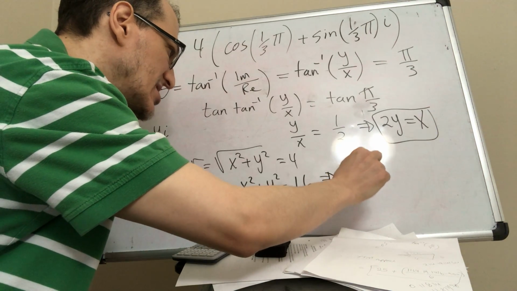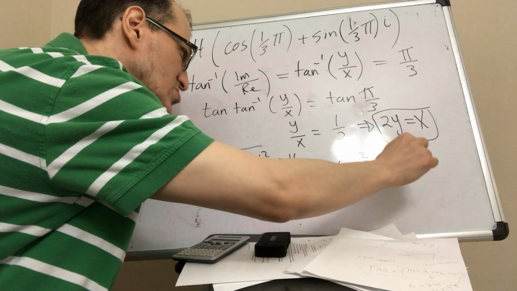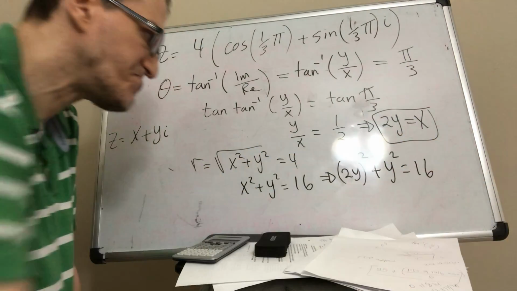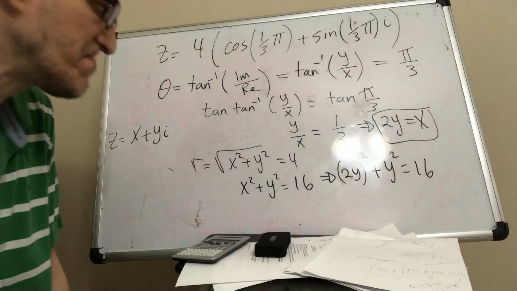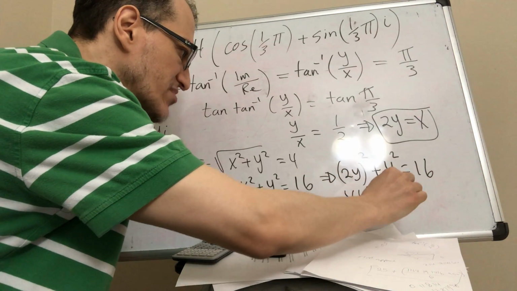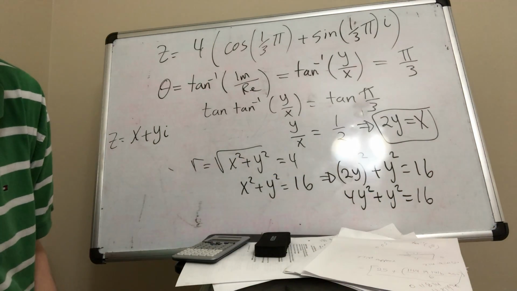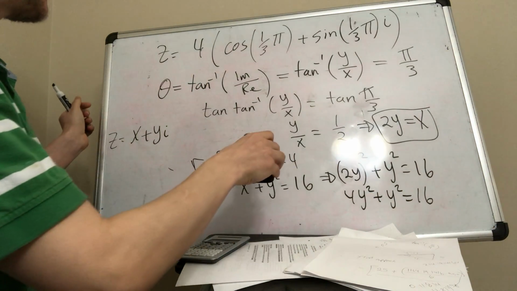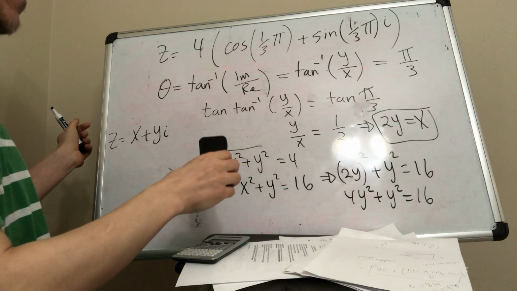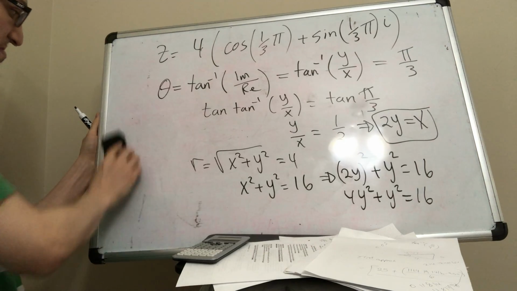I have 2y squared plus y squared equals 16. This is 4y squared plus y squared equals 16.